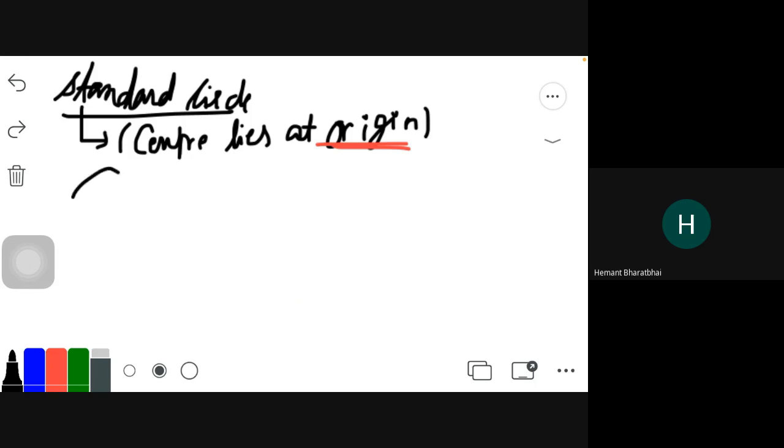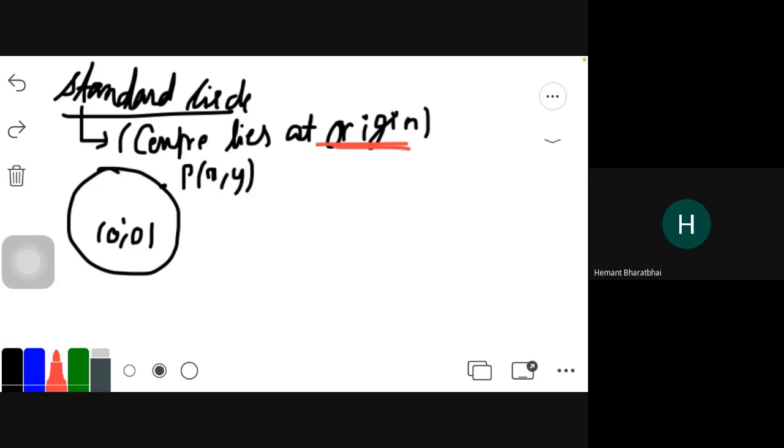So I am considering a circle whose center is at the origin. I am considering a point P, (x, y), and I am trying to find the equation of this circle. Now, what did we define?